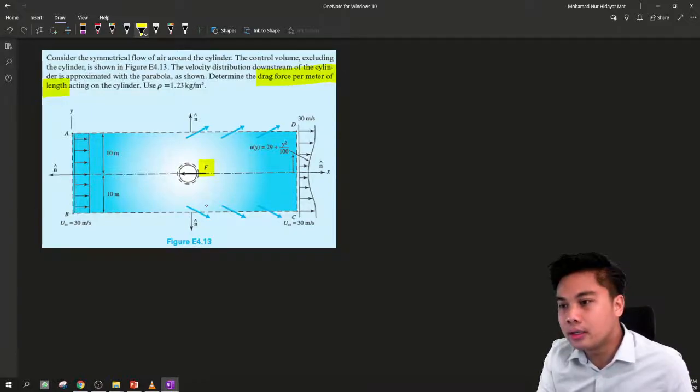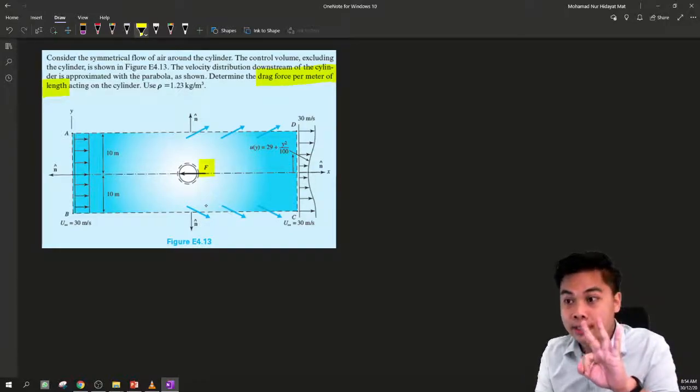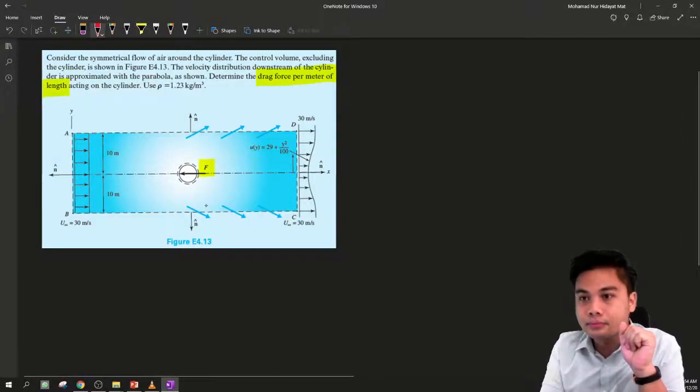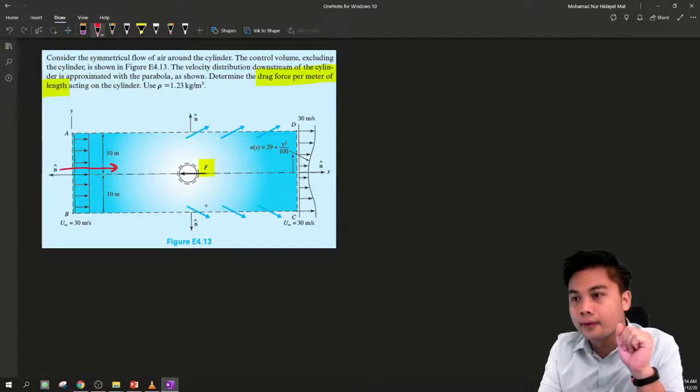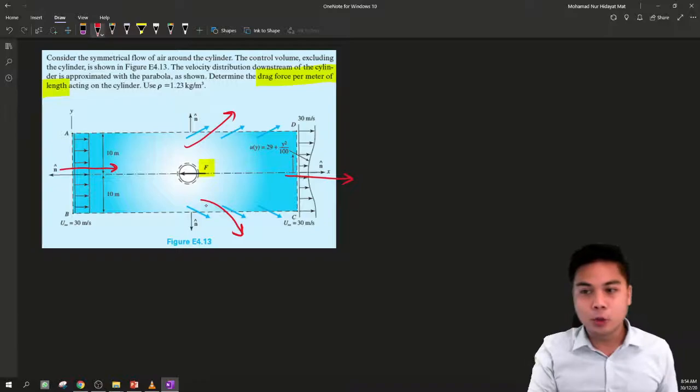So it will cross the surface of BC and AD as well. So we have 3 outlets and 1 inlet here. So this is the flow.